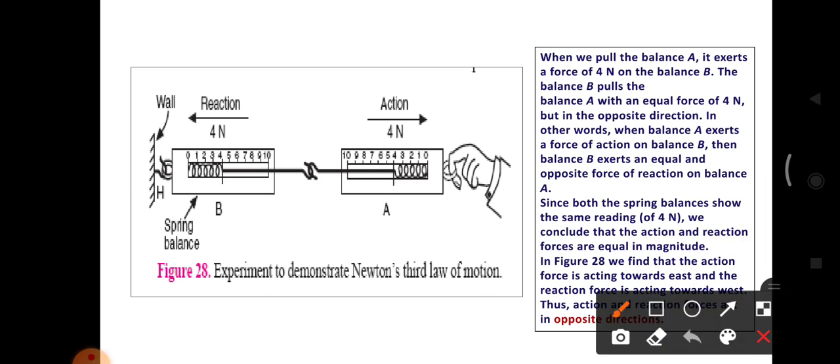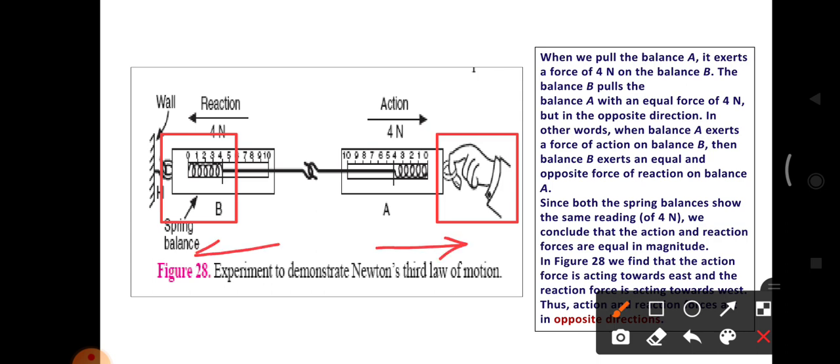When we pull balance A, it exerts a force of 4 Newton on balance B. Balance B pulls balance A with an equal force of 4 Newton, but in the opposite direction. See the direction? Here it is right side, here it is left side, but the same magnitude.